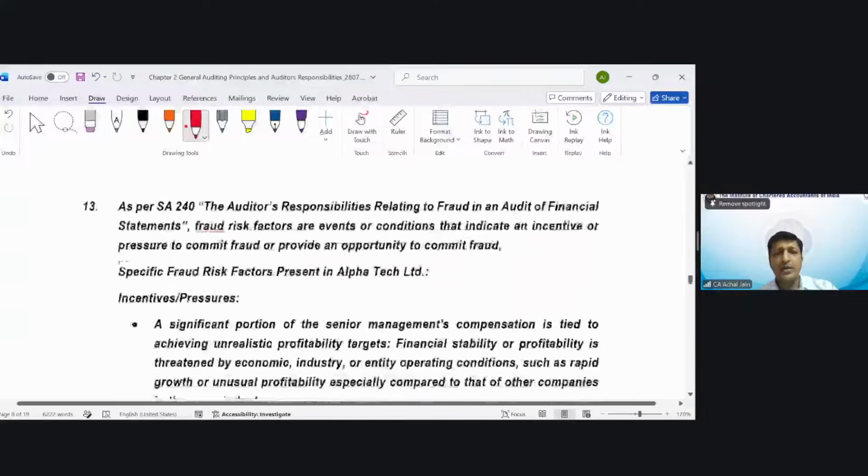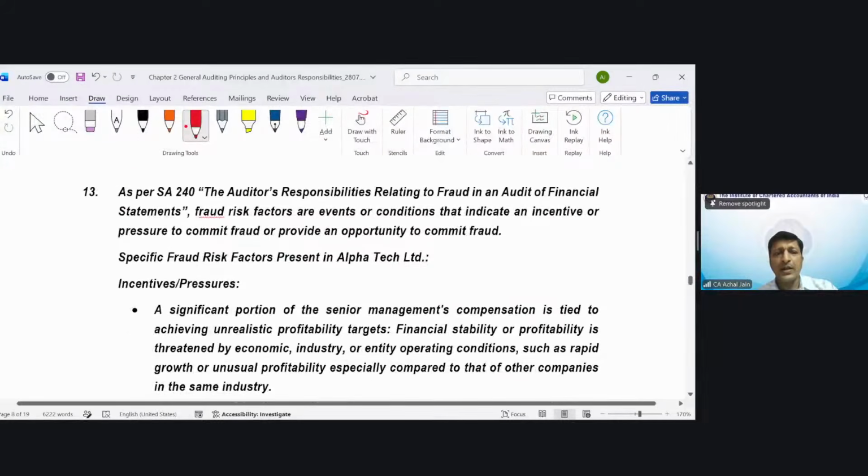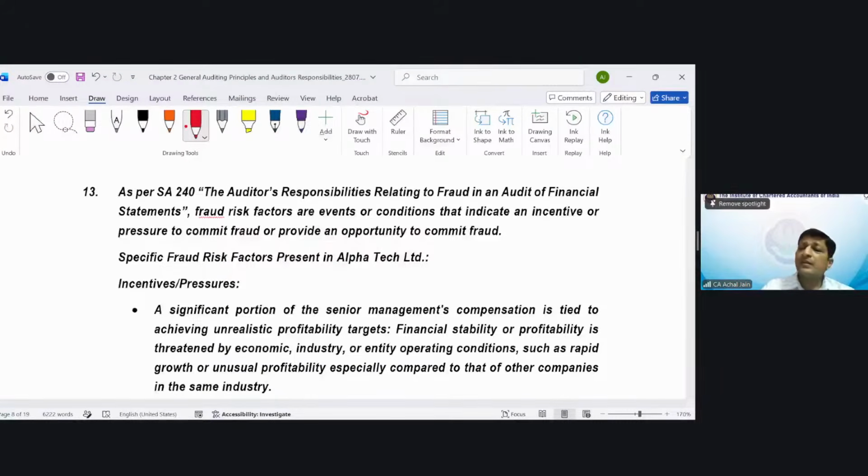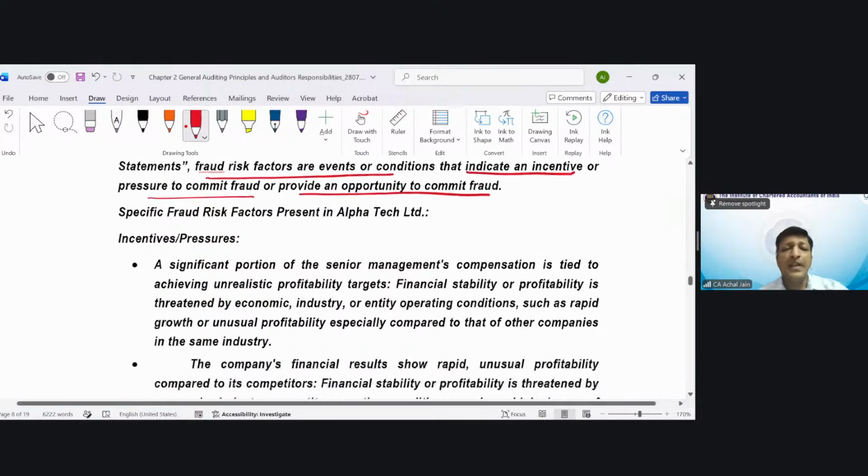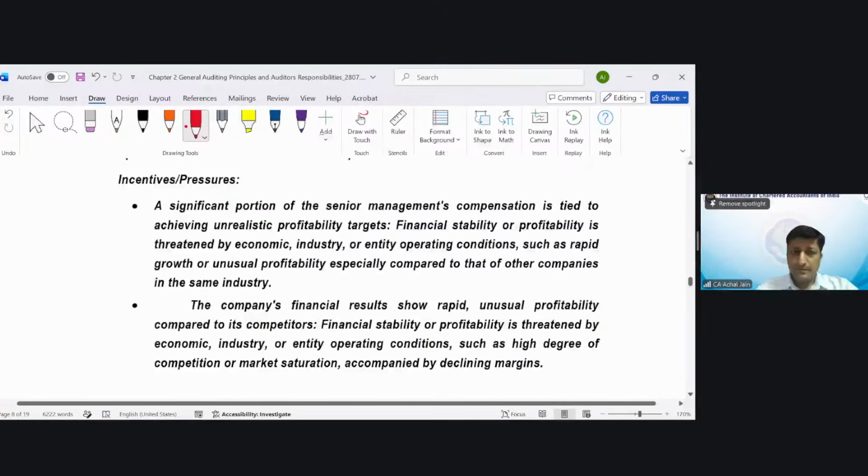So now let's look at one. Okay, yeah, so let's look at this one. As per SA 240, fraud risk factors are the events that indicate incentive or pressure to commit fraud, or provide an opportunity to commit fraud. Now, what are the specific fraud risk factors present in Alpha Manufacturing Limited? There are incentives or pressures.